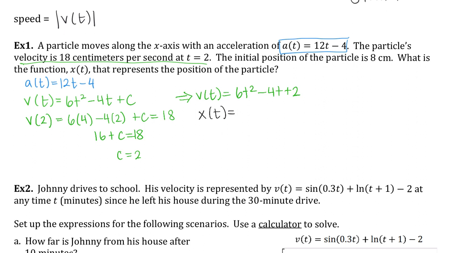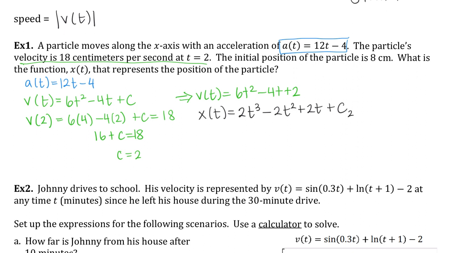So 6t to the third divided by 3 is 2t to the third, minus 4t squared divided by 2, plus 2t, and then we'll add our constant. Actually, I already used the c. This c value is 2. This is a different c value. It doesn't bother me if you use the same c value as long as you keep track of it. I think I'm going to call this c2 though, so that it's clear that this is a different c value.